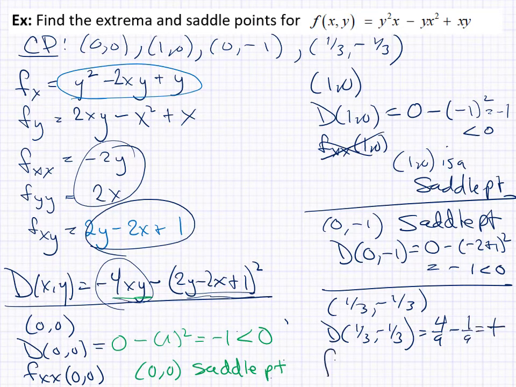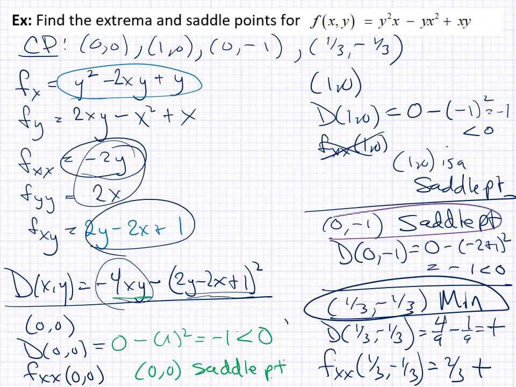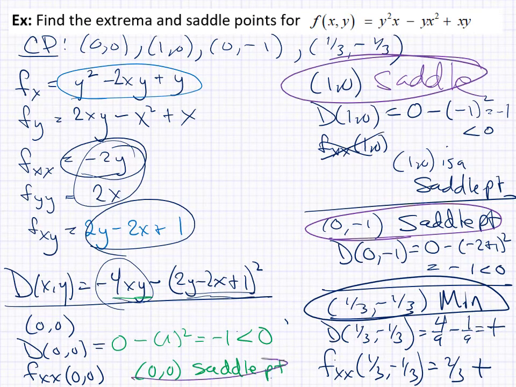So now we'll look at fxx at 1/3, negative 1/3. And when I plug it in there, I want to get what? 2/3. So that's positive. So that tells me I have a minimum. Okay? So there's a minimum. There's a saddle point. This one is also a saddle point. And this one's a saddle point. So 3 saddles and a minimum.